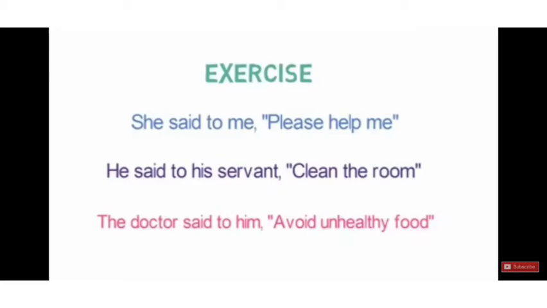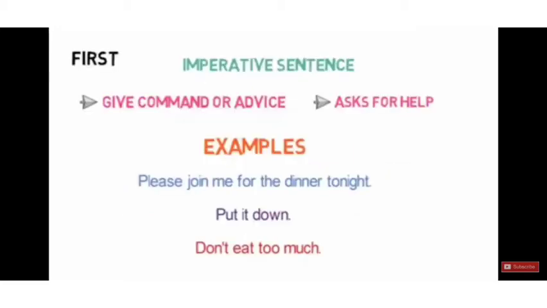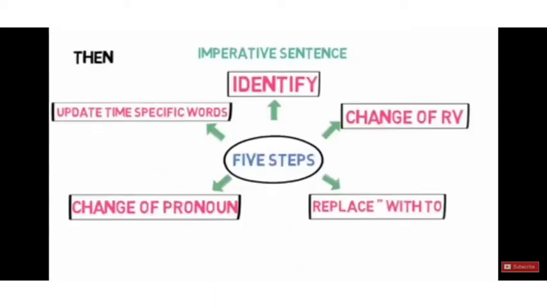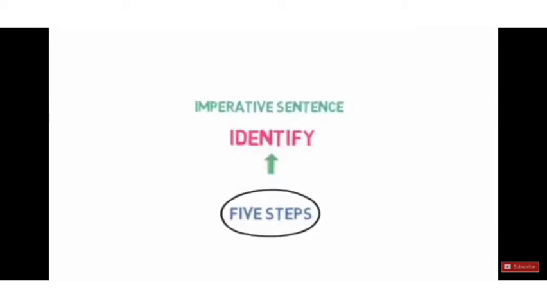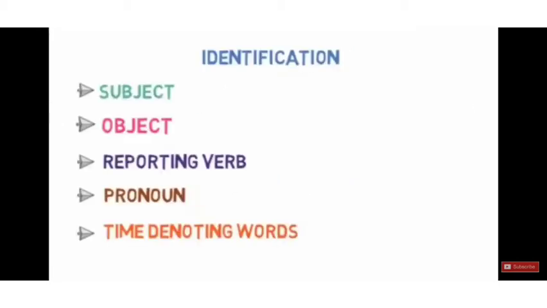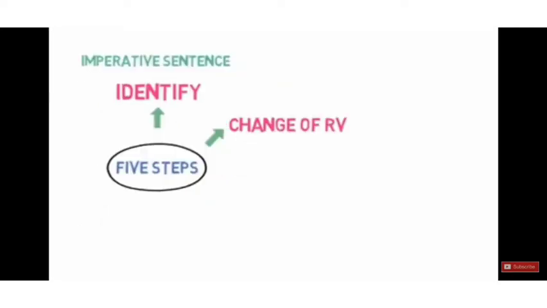Let's quickly revise. First, we understood what is an imperative sentence. An imperative sentence is used to give a command and ask for help. Then we learned the 5-step formula for converting direct speech to indirect speech. Step 1 is identification. We should identify subject, object, reporting verb, pronoun and time denoting word.